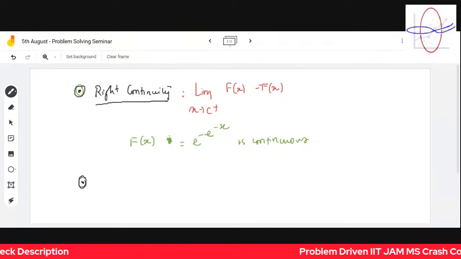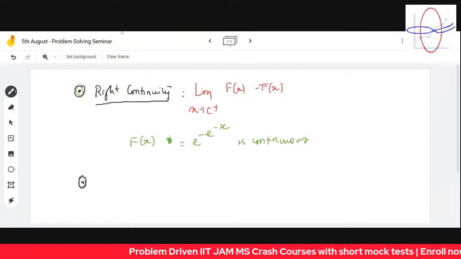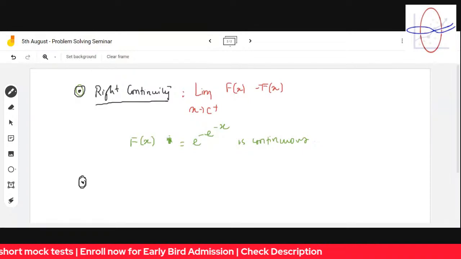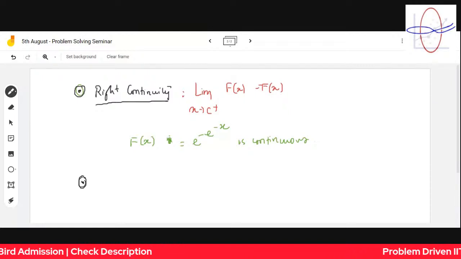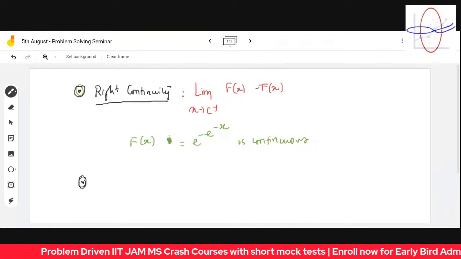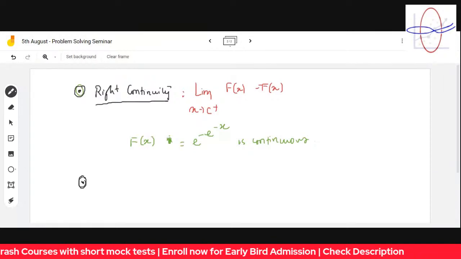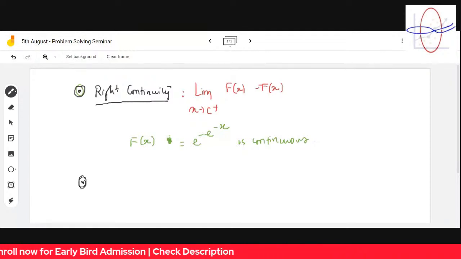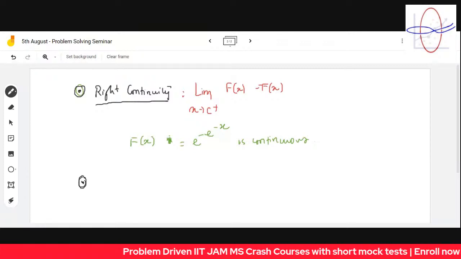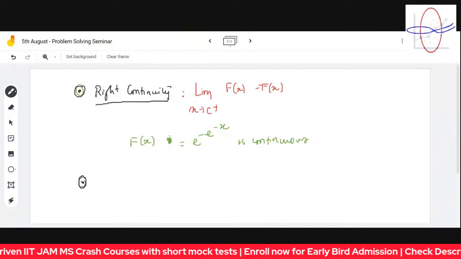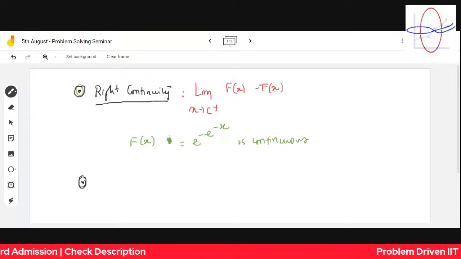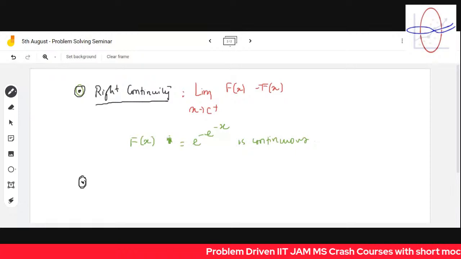Let me see what we can do. I think there are some net issues.